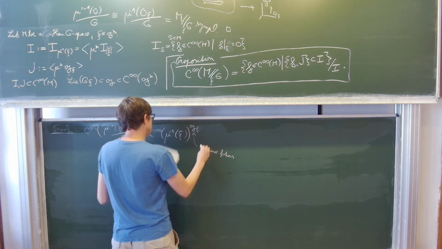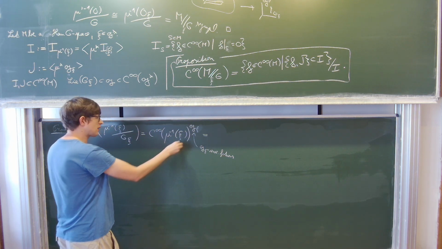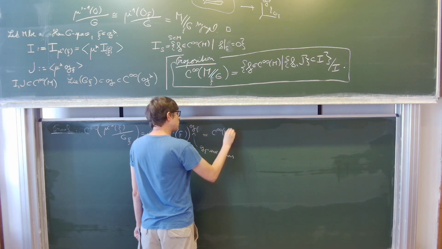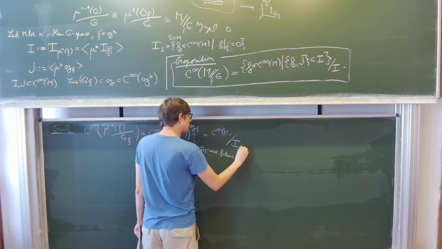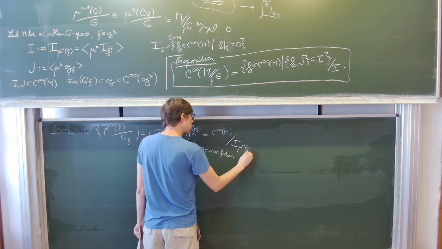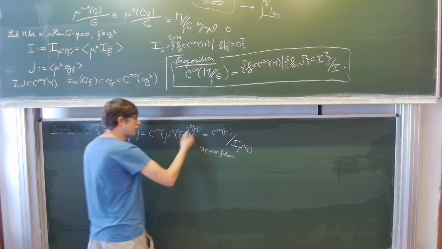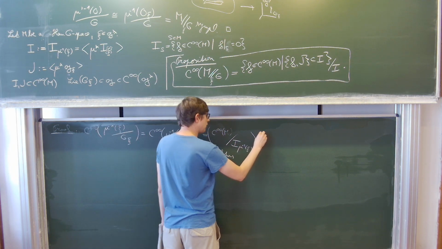Okay, so now what does this mean again? This was a subspace of our M. So functions on there could be identified with functions on the big manifold modulo the vanishing ideal of that thing. Functions on a submanifold is the same as functions on the big thing modulo the vanishing ideal.